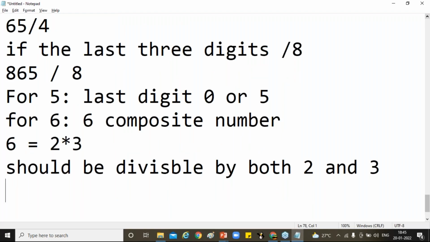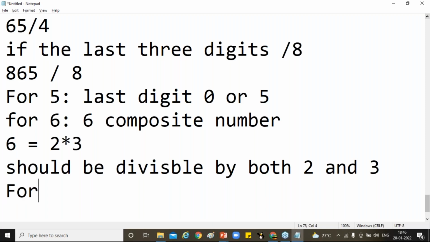Then only the given number is divisible by 6. Clear? So these are the different logics: the last digit for 2, the sum of the digits for 3 and 9, the last 2 digits and last 3 digits for 4 and 8, 2 and 3 for 6, and for 5 the last digit is either 0 or 5.